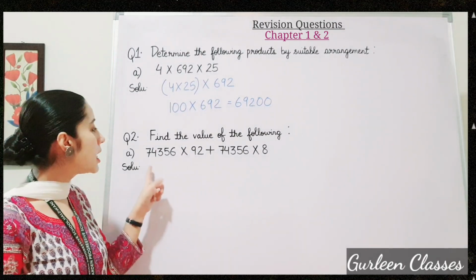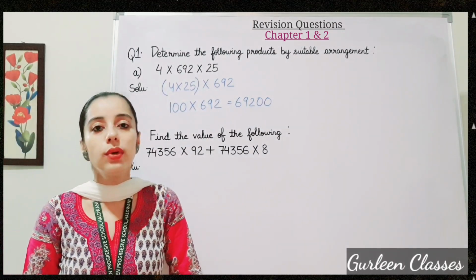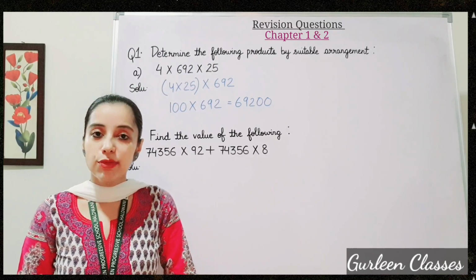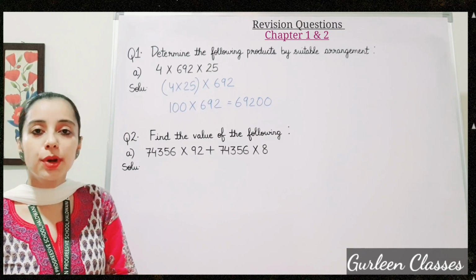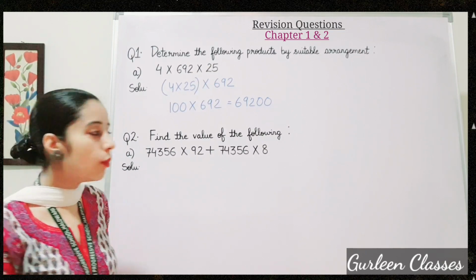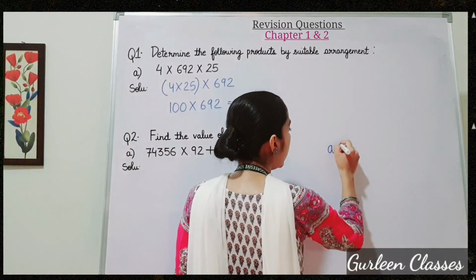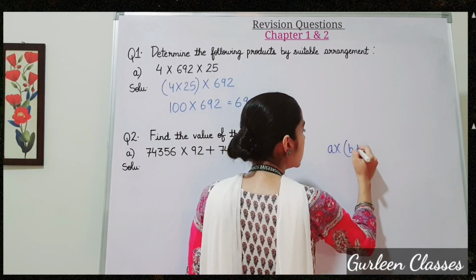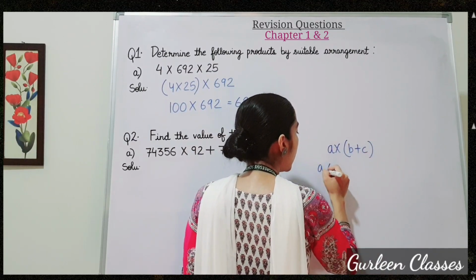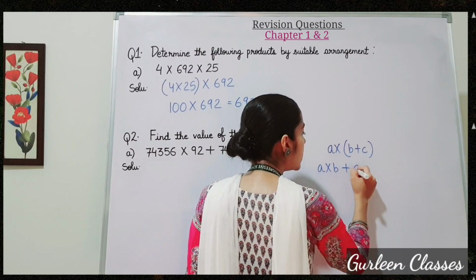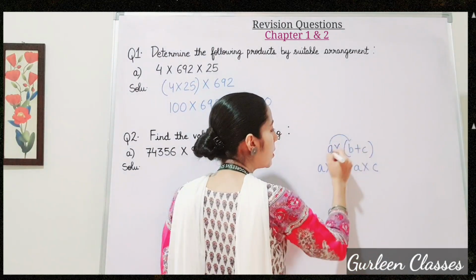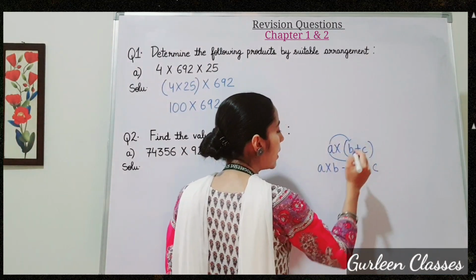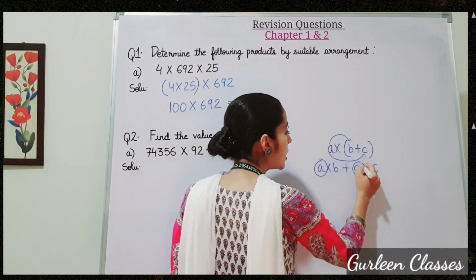Question number 2, find the value of the following. A bar 74356 into 92 plus 74356 into 8. This question is based on distributive property over addition. What is the property? A into B plus C, where we multiply A into B plus A into C. You multiply outer number by first number, then outer number by second number. So here A is common.